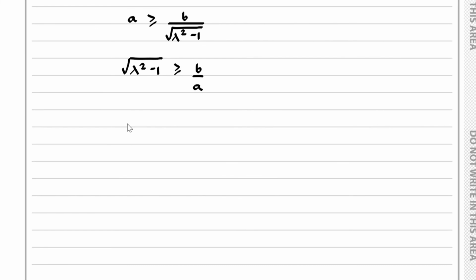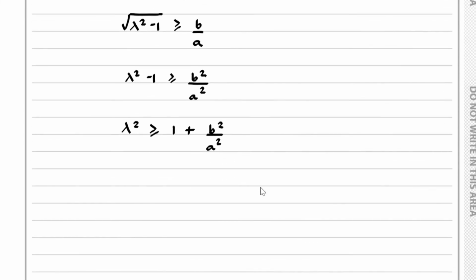Squaring both sides, lambda squared minus 1 is greater or equal to b squared over a squared, and adding 1 to both sides, we have lambda squared being greater or equal to 1 plus b squared over a squared, which means lambda is greater or equal to 1 plus b squared over a squared, then square rooted.